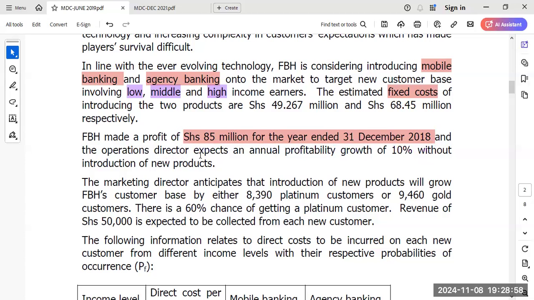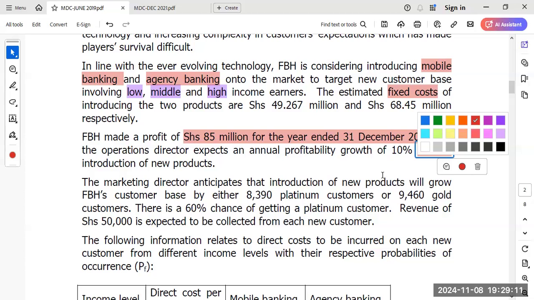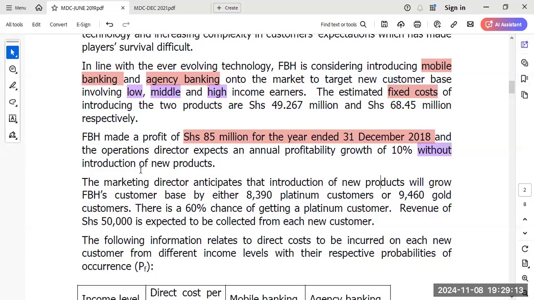And the operations director expects an annual profitability growth of 10% without, that word is very key, without introduction of new products.